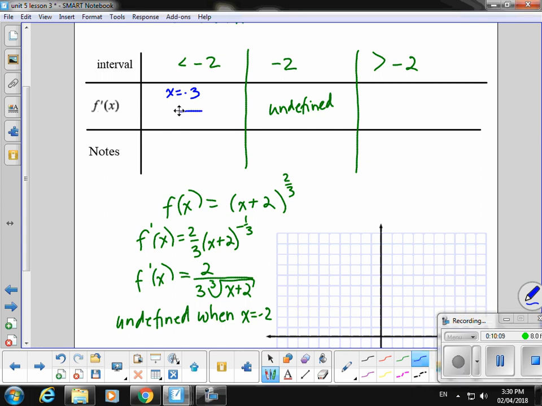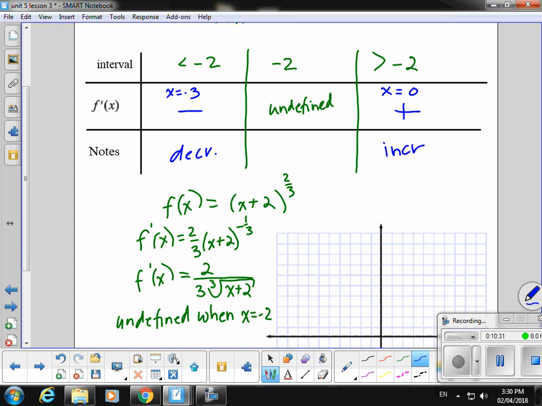Say that x is greater than negative 2. Well, you can choose anything you like. Let's go with 0. So if you put a 0, we have the cube root of 2. Weird, but positive. We end up with a positive here. So we have decreasing, and we have increasing.